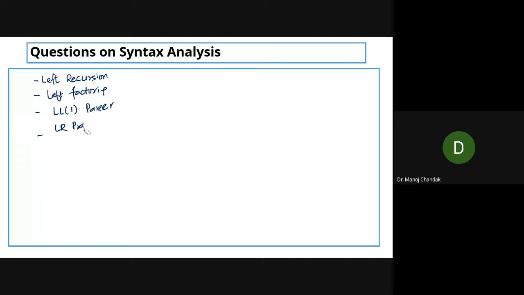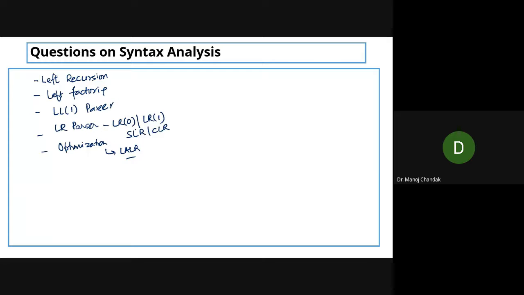We can also talk about some optimization. So LR parsers will have something like LR0, then followed by LR1. Maybe you can also take SLR, maybe you can take CLR. And then for optimization, you can make use of the parser called LALR, which is the look ahead LR parser.